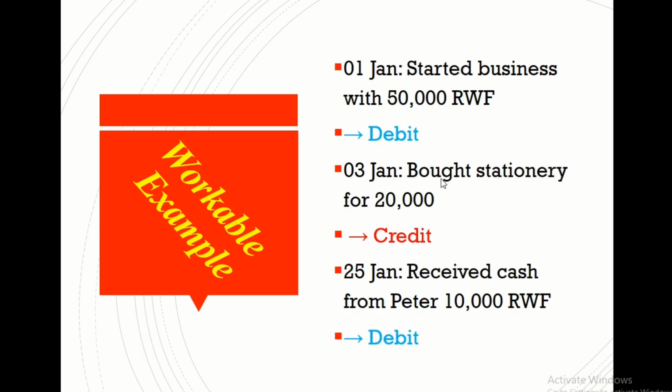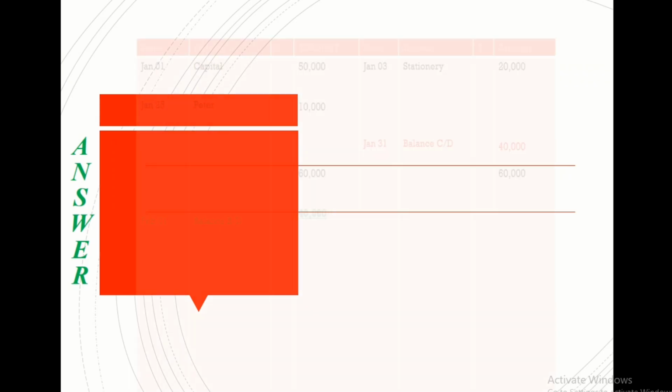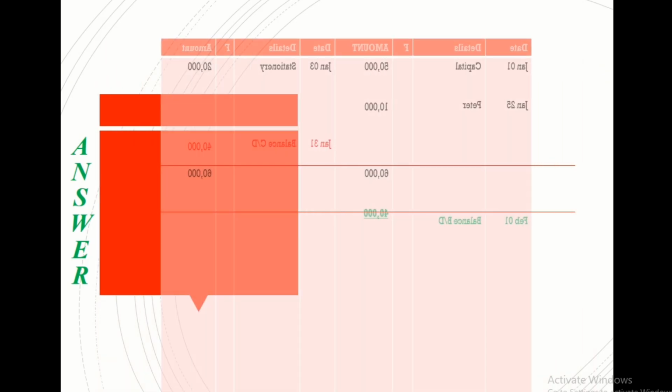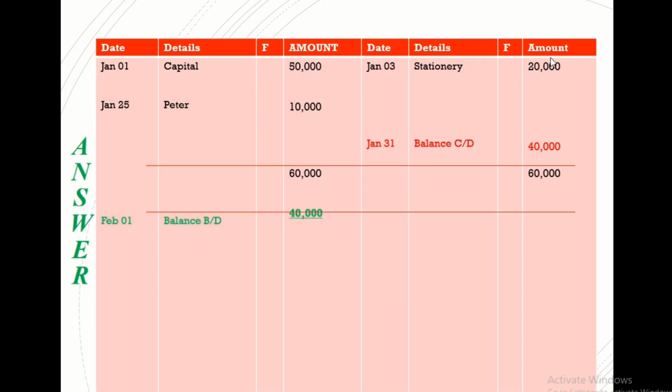A company bought stationery, that is to say, it made an expense of 20,000. In a single column cash book, it is supposed to be recorded on the credit side. You need to record that you spent 20,000 for the reason of buying stationery on this date.